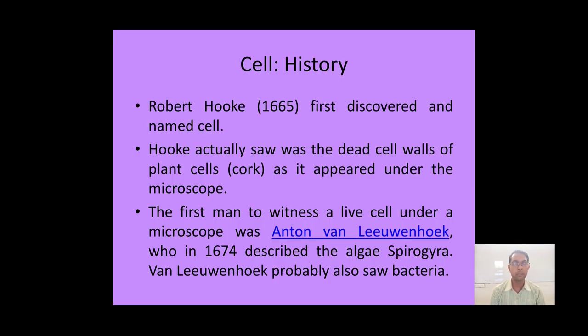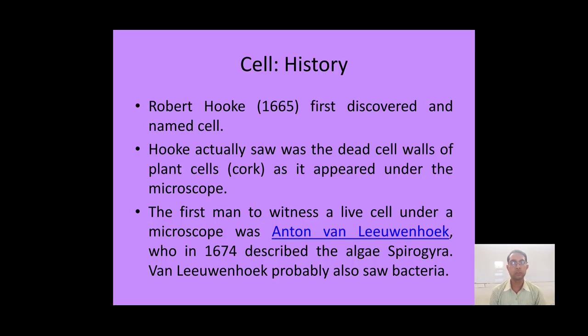But the first man who observed the live cell was Anton von Leeuwenhoek in 1674. He used different types of cells to observe, like Spirogyra and different organisms, and the bacterial cell was also observed by Anton von Leeuwenhoek.